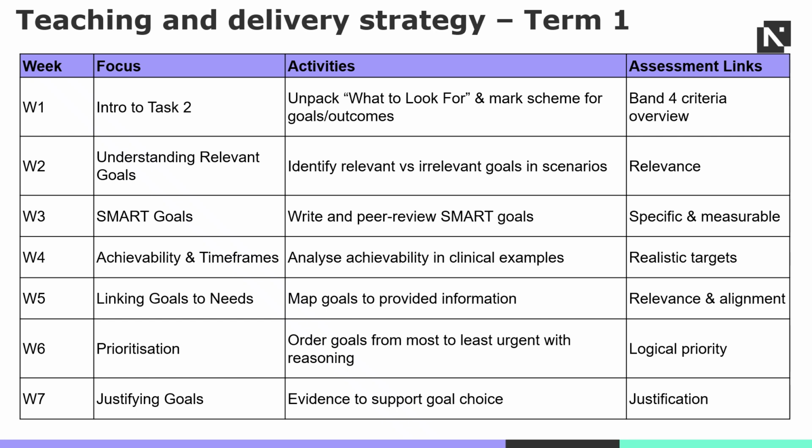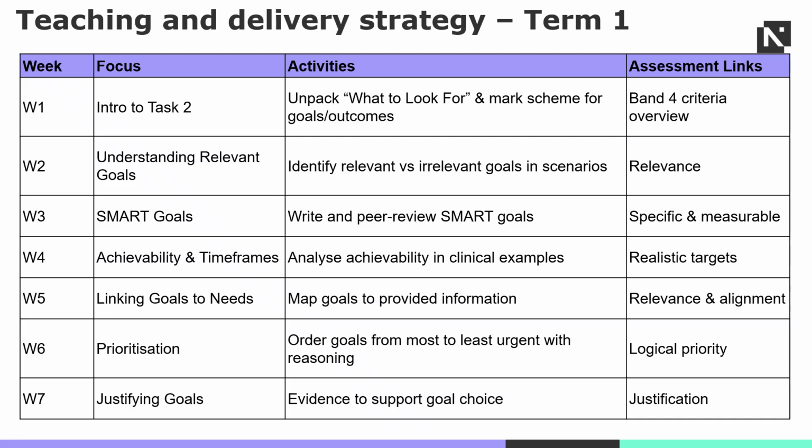So again, we have an assessment timeline that you can use in your teaching and delivery. In the first half term, the focus is on building, again, that strong foundation for task 2. We start by unpacking the mark scheme so learners understand exactly what band 4 looks like.